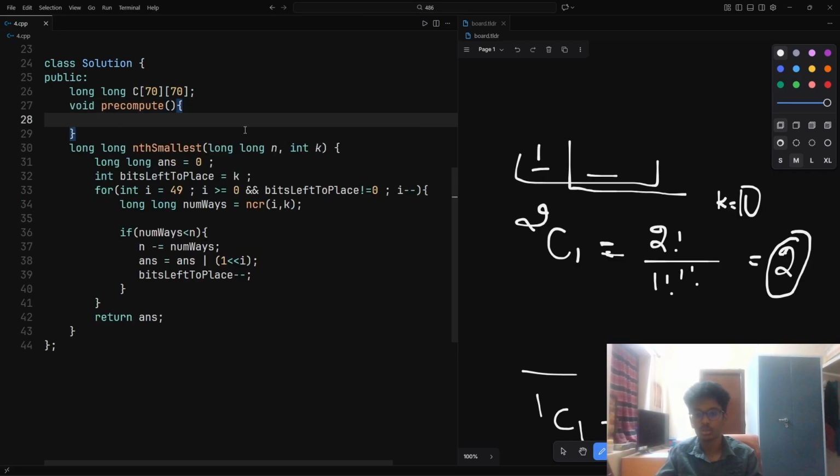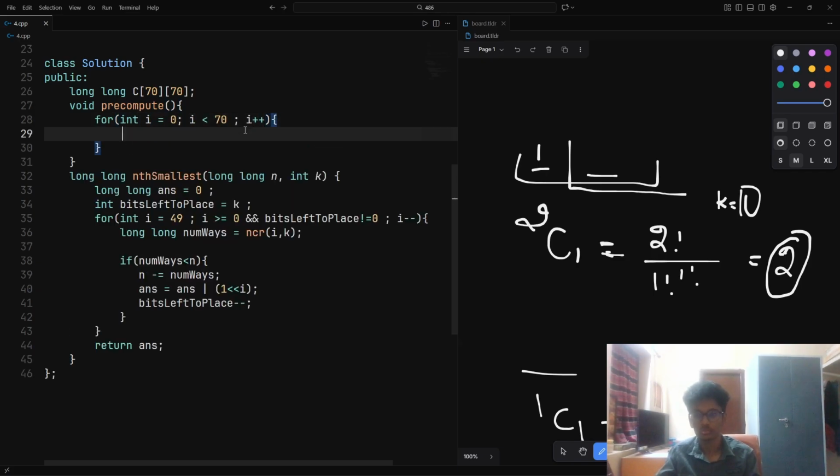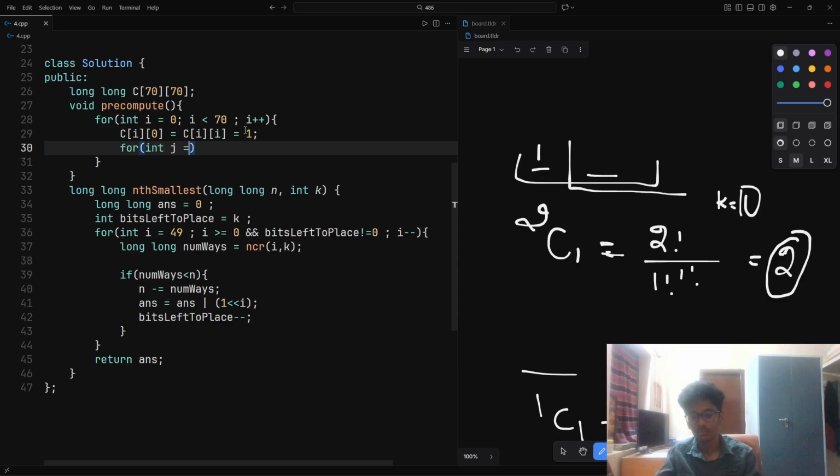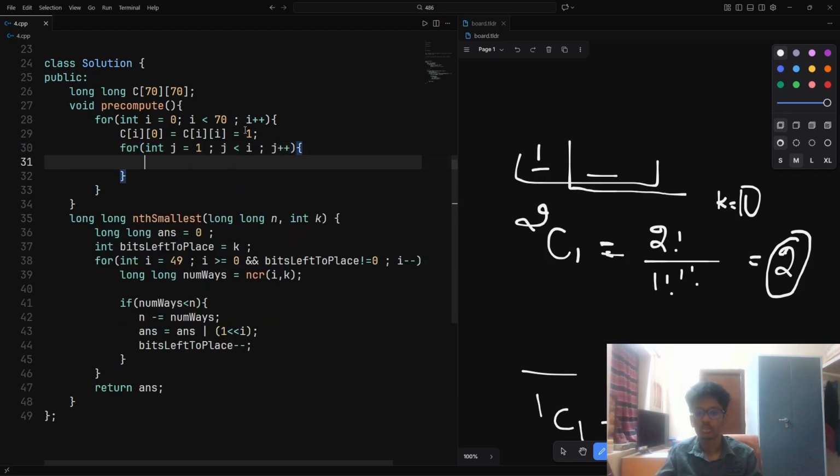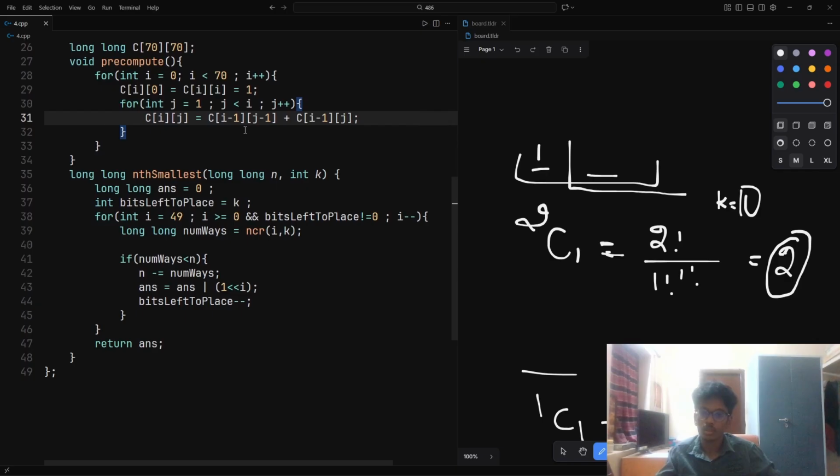Okay, so void pre-compute. I hope everyone knows how to do this Pascal's triangle thing. With this we have written the pre-compute function.